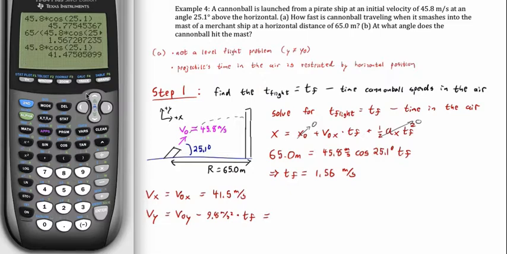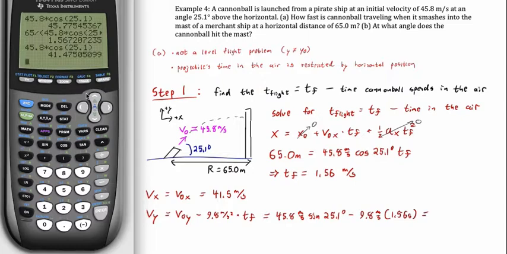And then for the y component, I'm going to expand this out just a little bit because we haven't seen it yet. It would just be 45.8 meters per second times sine of 25.1 degrees, and of course minus 9.8 meters per second squared times our solved for time of flight of 1.56 seconds.